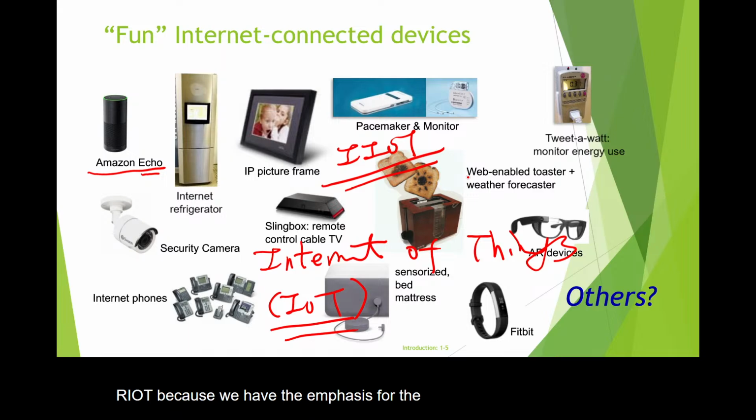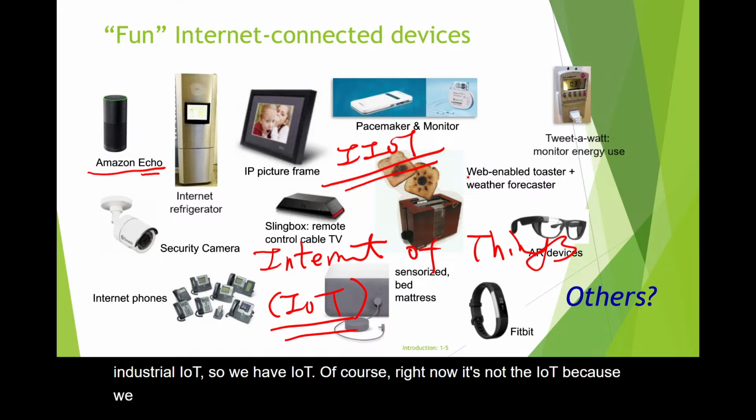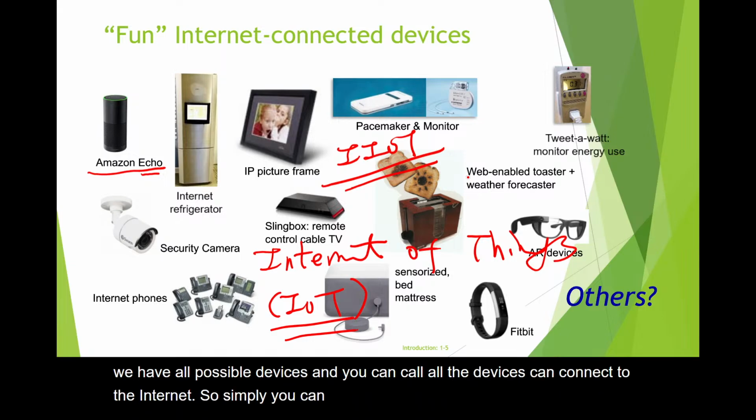So we have the industrial IoT. Of course, right now it's IoT because we have all possible devices, and all the devices can connect to the internet. So simply you can call it IoT.